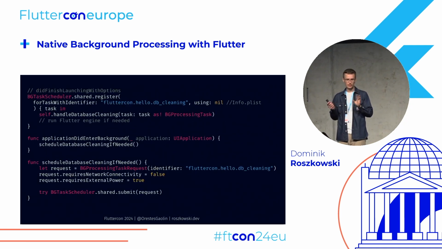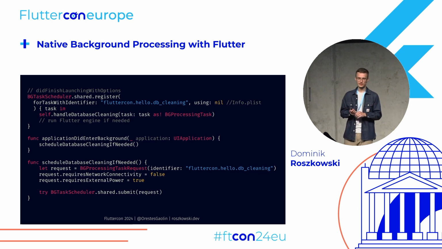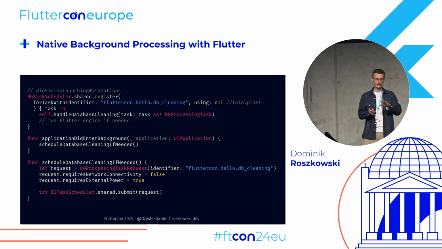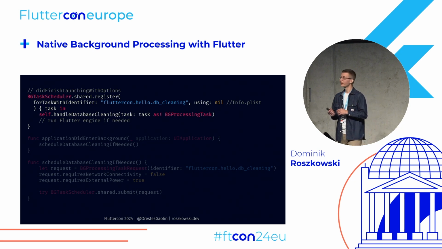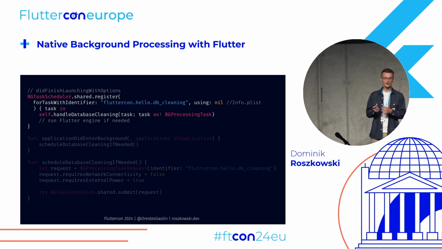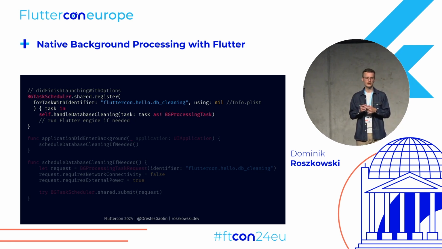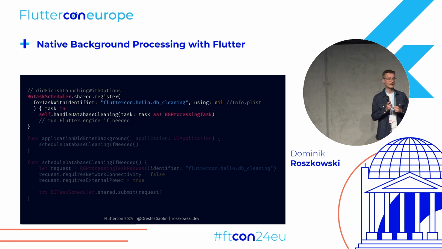When it comes to Swift code, we're going across borders here. There was a bit of Dart, Kotlin, now Swift. In iOS, it's, I think, even simpler than in Android, because you can only define a callback that will be run when a task of a given ID gets invoked.